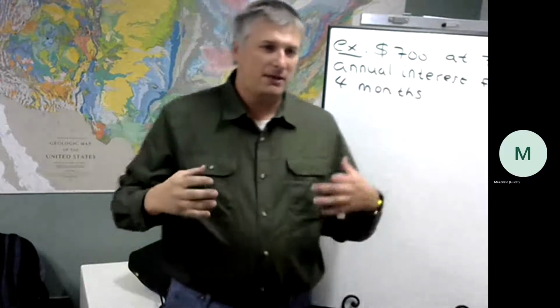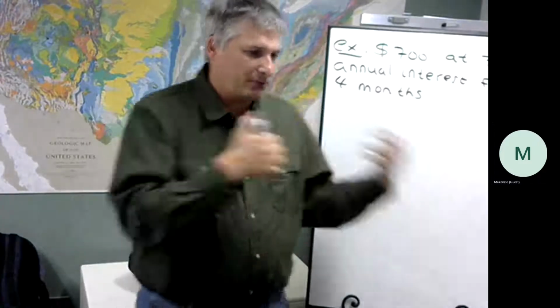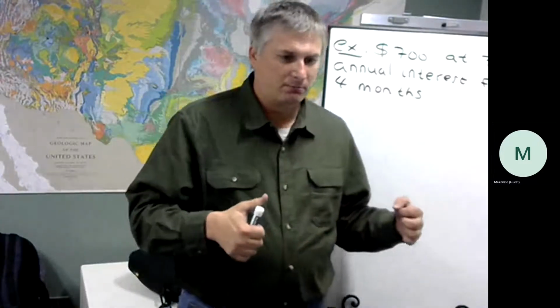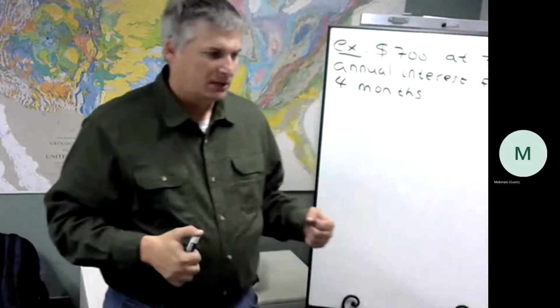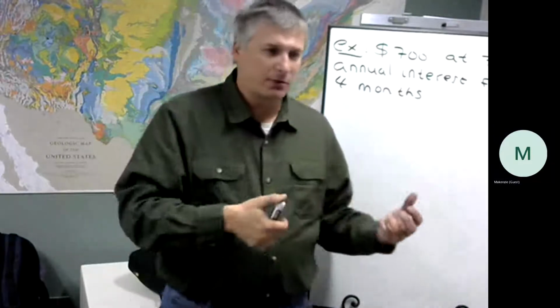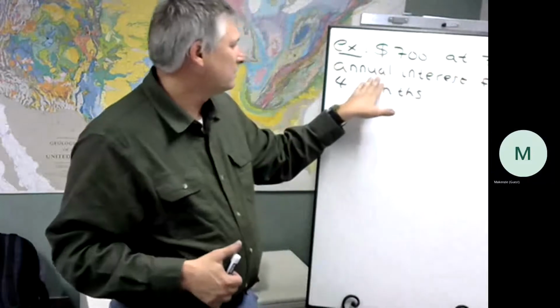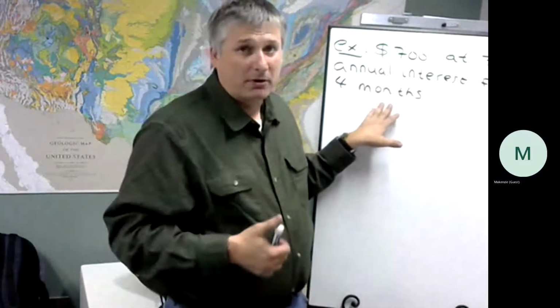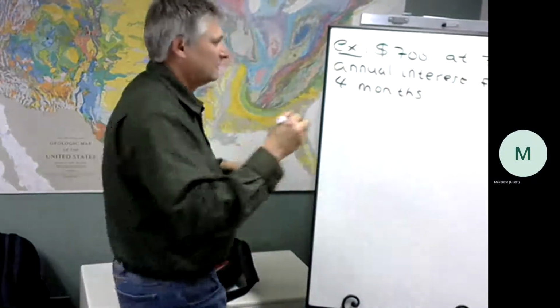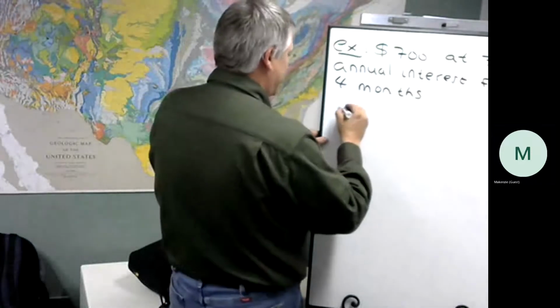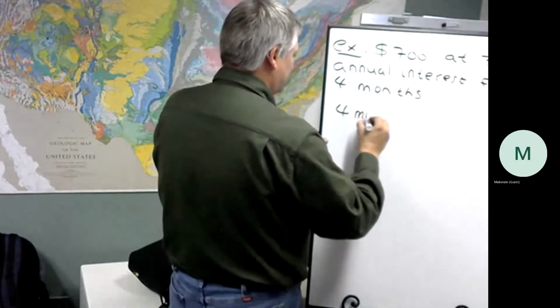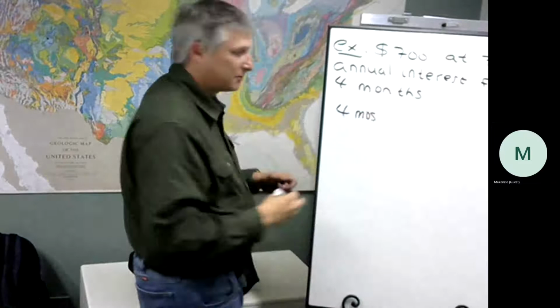So far, the units of measure for the interest rate and the amount of time have matched. If we had an annual interest rate, we were borrowing for years. If we had a monthly interest rate, we were borrowing for months. But now we have an annual rate, but we're borrowing for months. So we have to convert these 4 months to years.